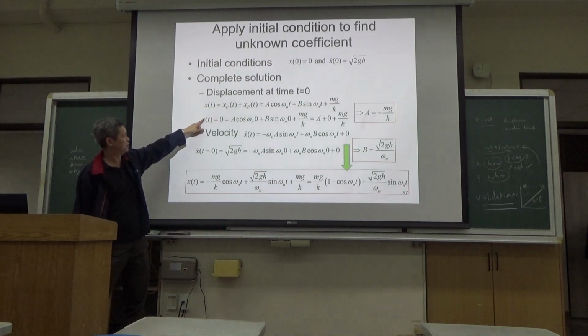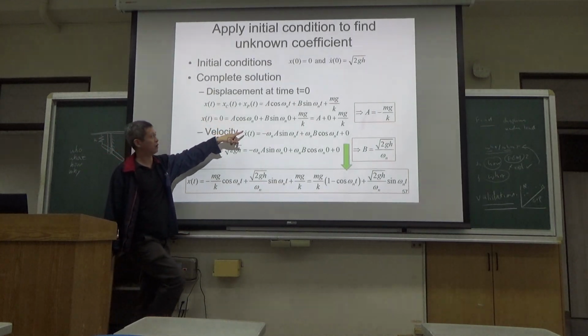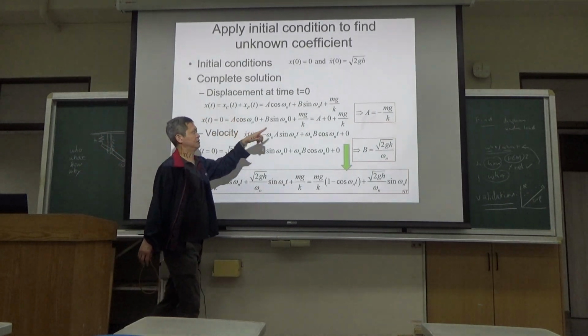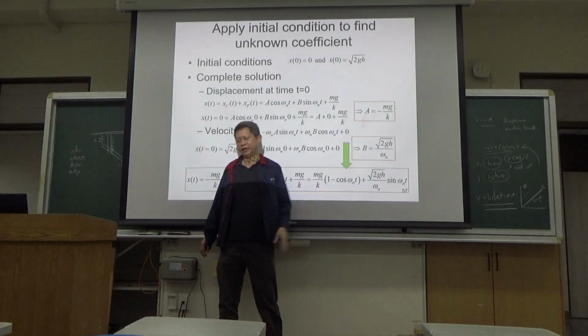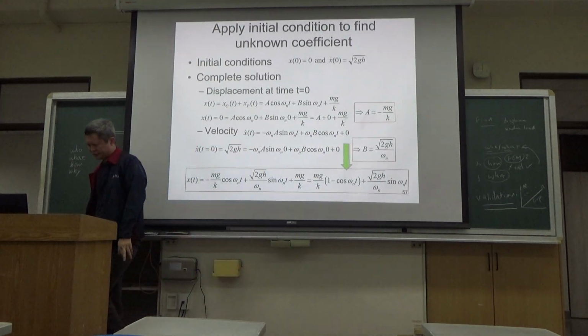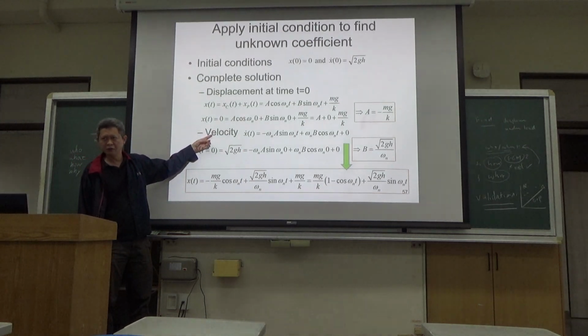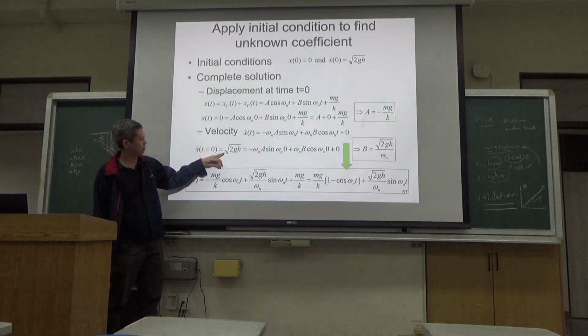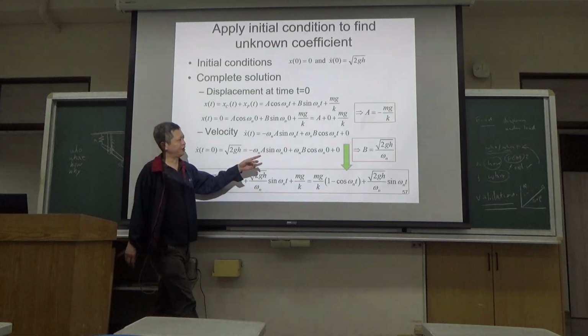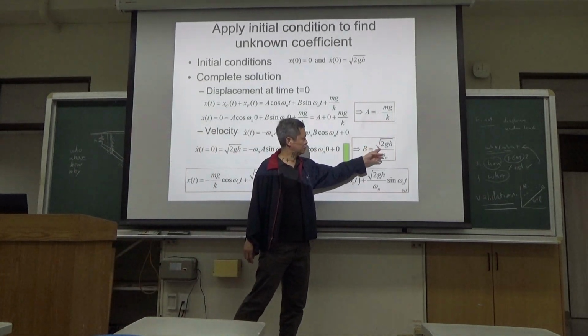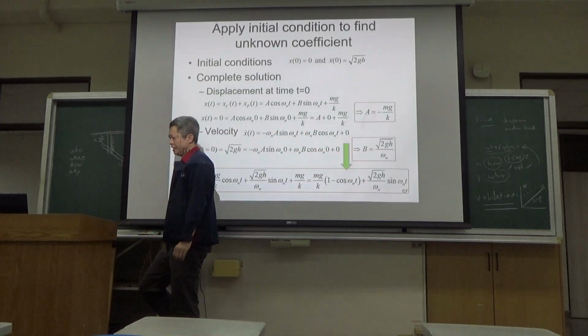At time 0, displacement is 0. That's why you find A is equal to minus mg over k. And next, how about the initial velocity? At time 0, the velocity is the square root of 2gh. So you find B is the square root of 2gh divided by omega n.